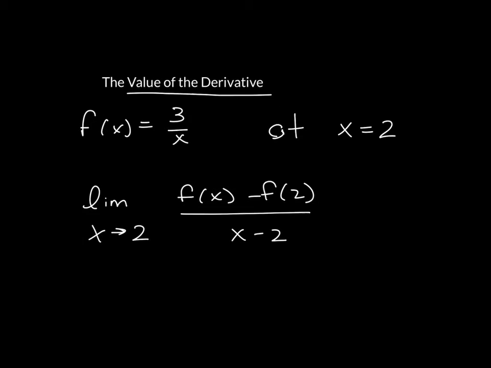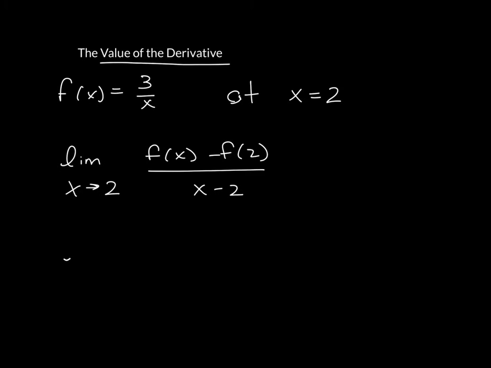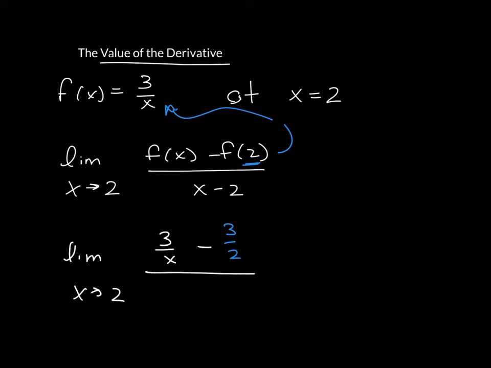So putting that into the equation, we have the limit as x approaches 2 of 3 over x minus, and we're just plugging that into our function, 3 over 2 all over x minus 2.